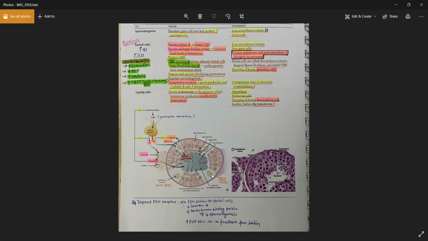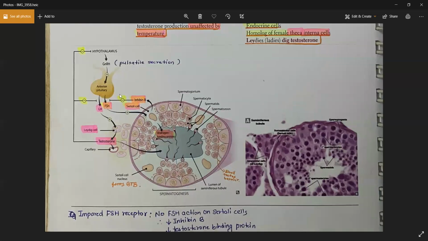Whenever you have an activation of the hypothalamus, it will release GnRH, which will activate the anterior pituitary to release LH and FSH. The function of LH is to act on the Leydig cells to release testosterone. The function of FSH is to act on the Sertoli cells and cause the release of testosterone binding protein, aromatase, and also inhibin.